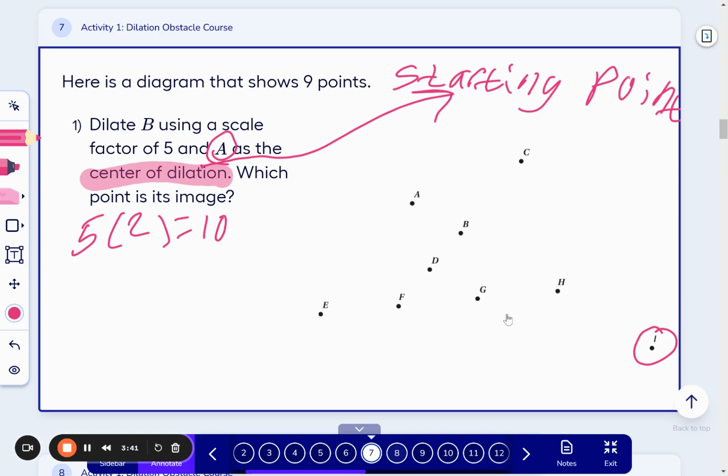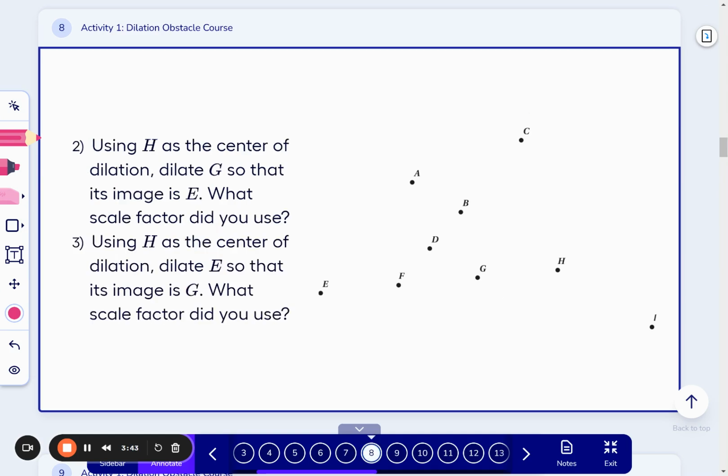Okay, let's go to the next one. We're going to use H as our center of dilation. So we're going to start at H, and we're going to dilate G. So we're going to move G so that its image is on E, all the way out here. So we want to look and go, well, how far is it from H to G?